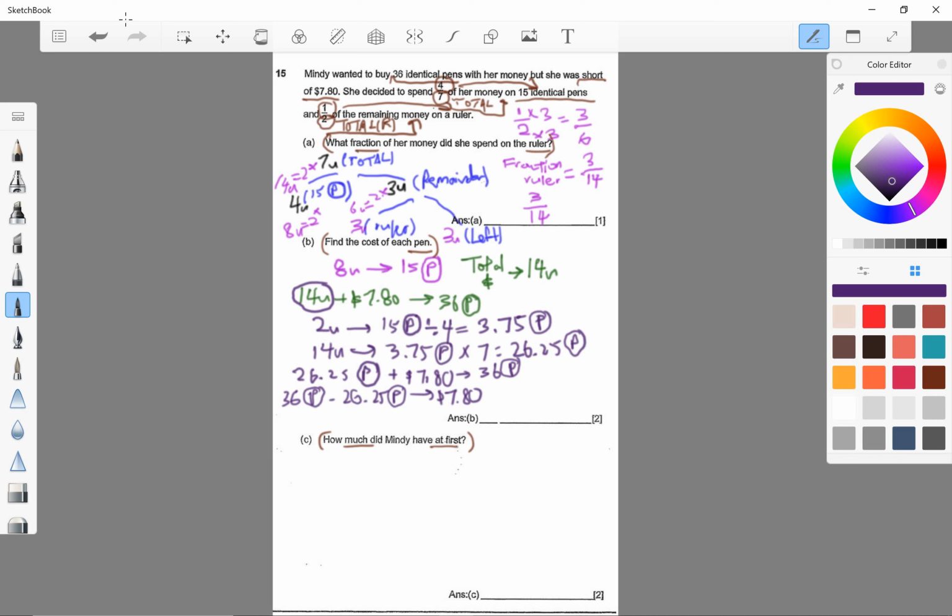And 36 minus 26.25 will give us 9.75. So 9.75 of a pen has the price of 780.